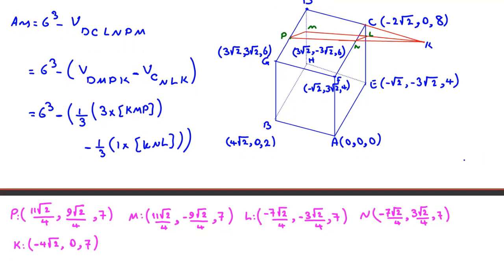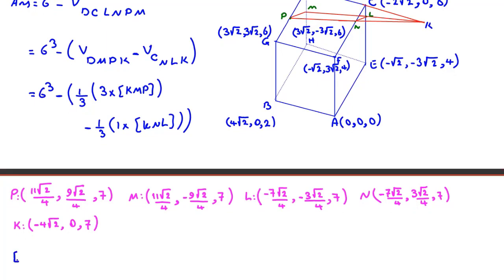So let me tell you, if you want to find area of KMP, it has a formula with cross product. You can say equal to 1/2 times KM cross product KP. Okay, so it will be 1/2. KM is what?